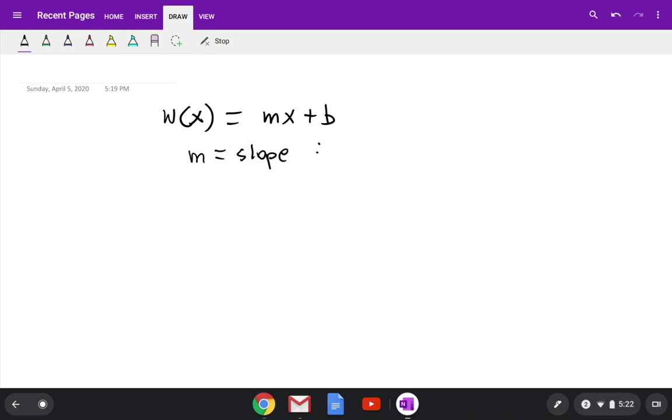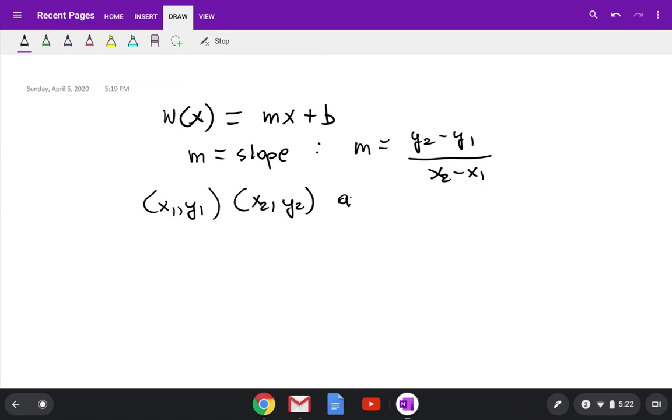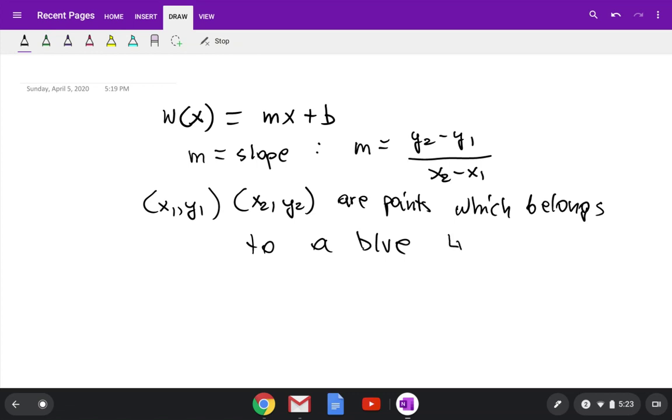To find the slope, you need to use the formula y2 minus y1 over x2 minus x1, where x1, y1 and x2, y2 are points which belong to the blue line, which represents women's bachelor's degrees.